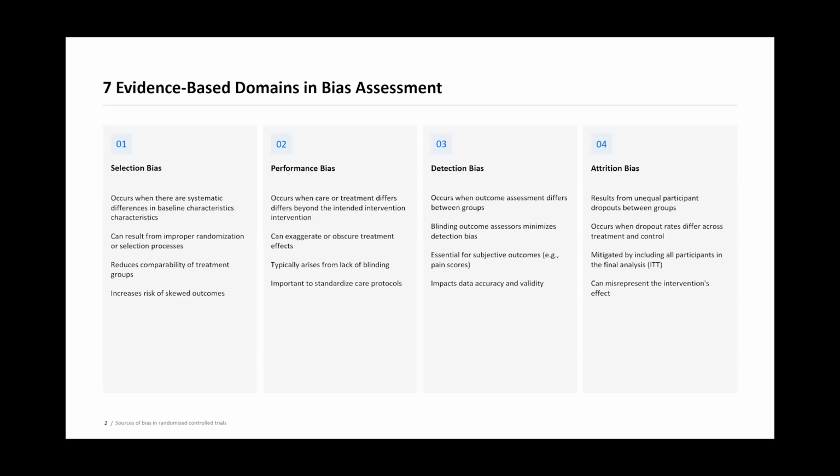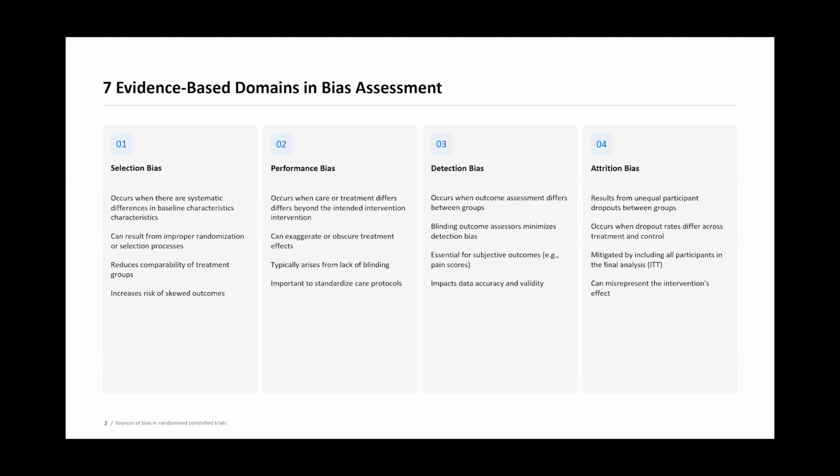We have something else also called detection bias. Detection bias occurs when the method of measuring outcomes differs between the groups. This type of bias is particularly concerning for subjective outcomes, such as pain and quality of life, where the expectation of the outcome can influence their judgment.